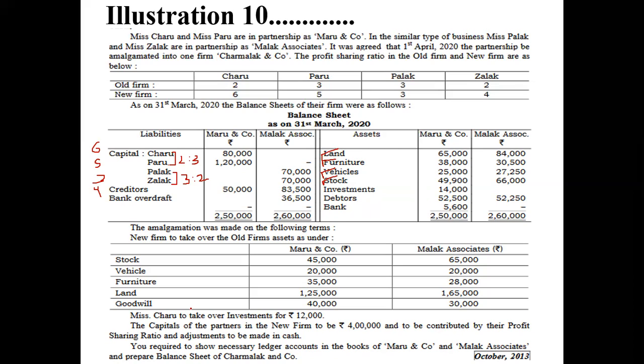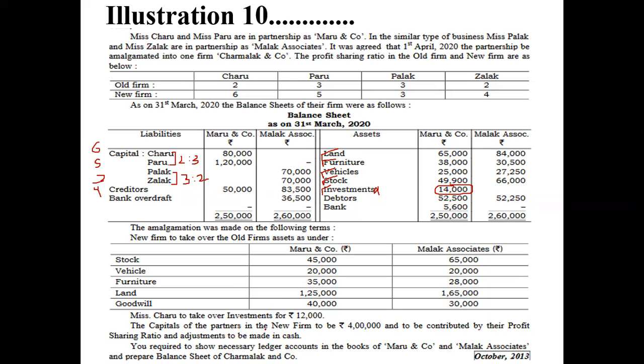Then Miss Charu takes over investment for rupees 12,000. So this investment will not be in your purchase consideration because it is taken over by Charu. So there will be two effects: realization credit side, and partners capital account debit side.